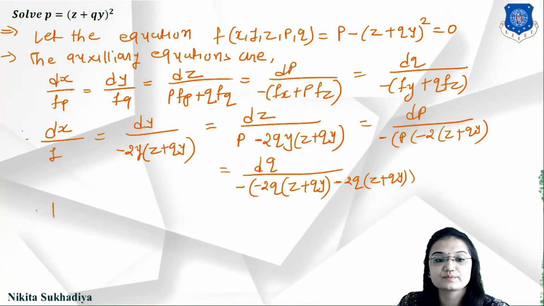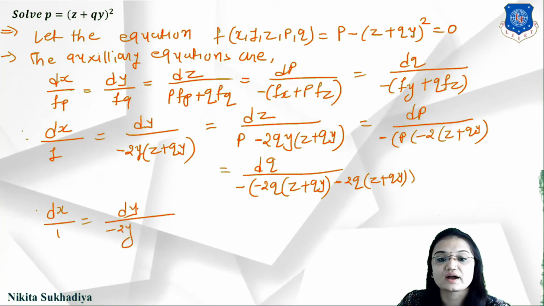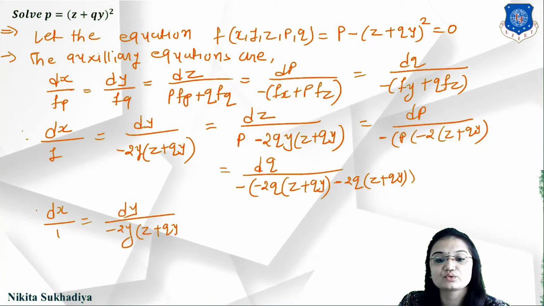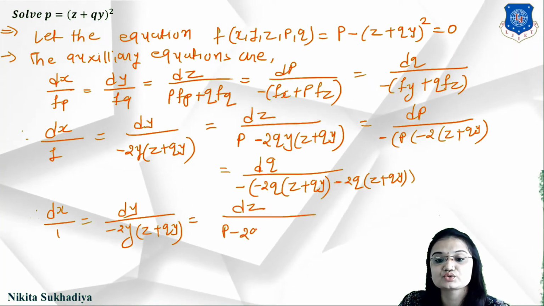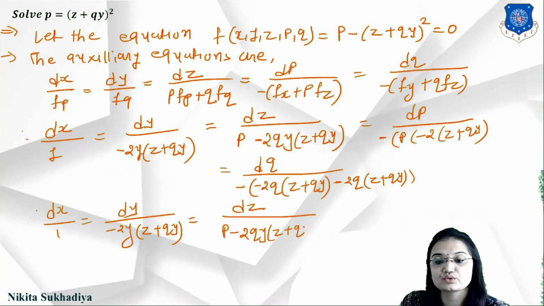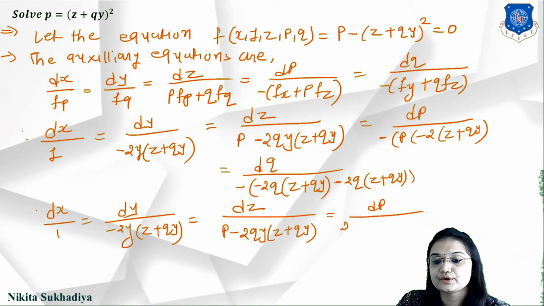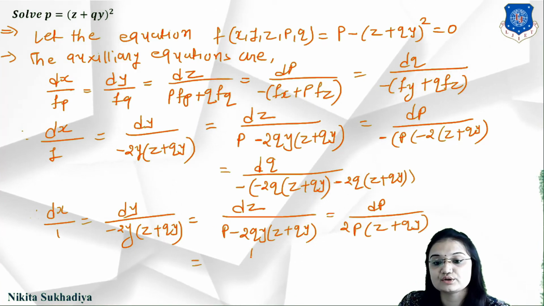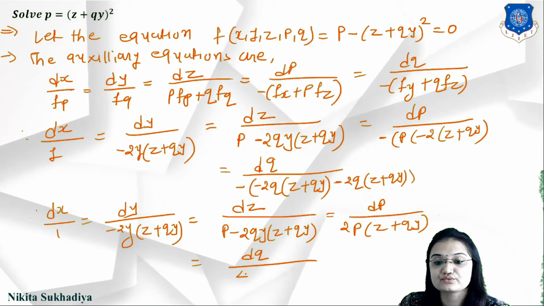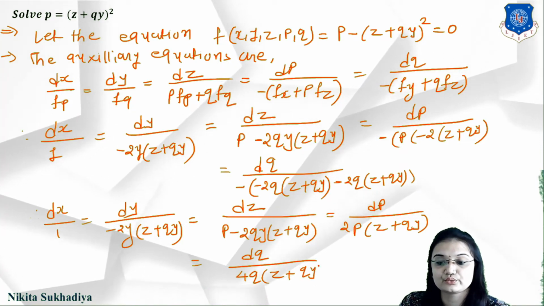Okay, so now this will become dx upon 1, dy upon minus 2y z plus qy, is equal to dz upon p minus 2qy z plus qy, is equal to dp upon 2p z plus qy, and is equal to dq upon, this will become 4q into z plus qy.